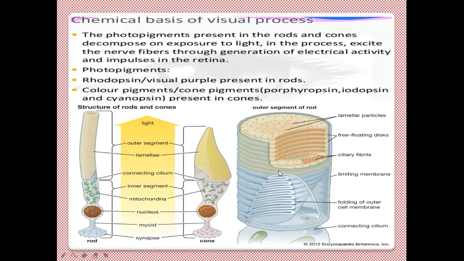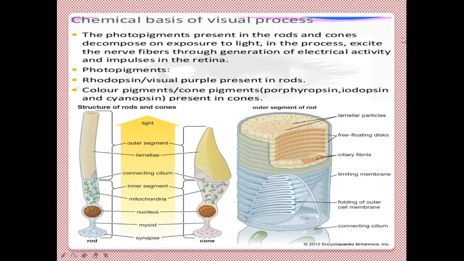of a rod. So the photopigments are present in this region, in the rods as well as in the cones. They decompose on exposure to light. When light falls here and here, the pigment iodopsin or rhodopsin is decomposed. In the process, they excite the nerve fibers, because when it decomposes, electrical impulses are formed.